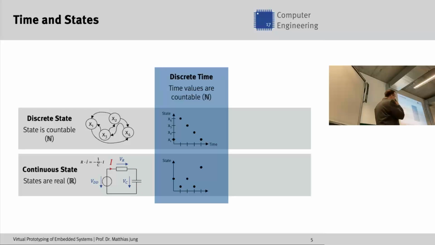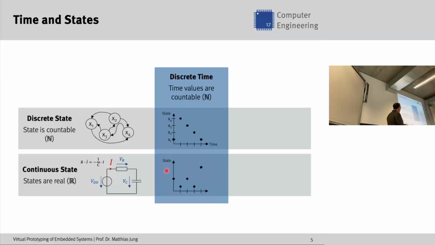And on the other hand, we also have time. So we could have discrete time, where we have a countable number of timestamps. And this could also be combined with discrete states. Then you would see something like this: your system is at point 0 in this state, at point 1 it's in that state, and so on and so forth. Yeah? But you could also mix discrete time with continuous states. So you see then you don't have the states x1 to x4 here.